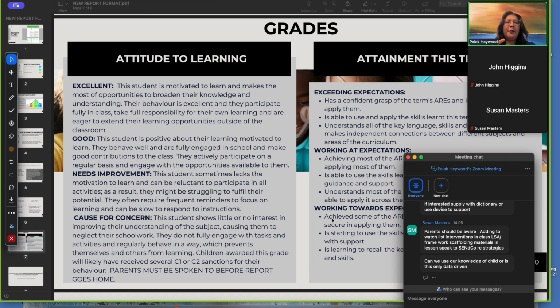Parents should have already had a conversation with you regarding their behaviour, regarding their ability to not engage in tasks. If you are giving cause for concern, please can you make sure that the parents are spoken to before the report goes home. This should not come as a surprise, mostly because it will be a really difficult conversation for you in parents' evening, and actually it's much easier just to catch up with them beforehand.